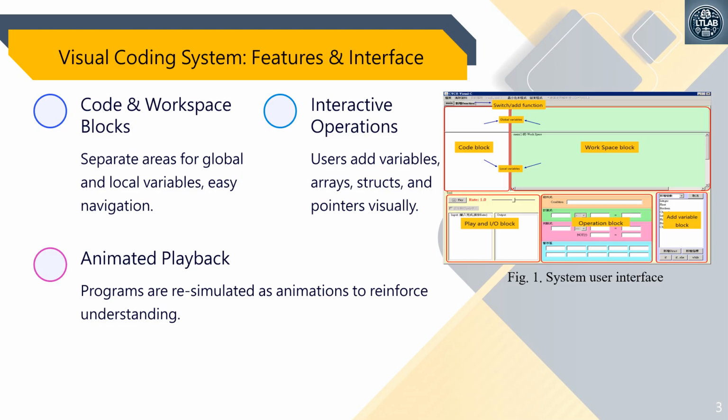Here are the three core features. First is visualized execution. Students can create code via drag and drop of components like if, while, function, memory allocation, return, etc., and then watch the program animate during execution.